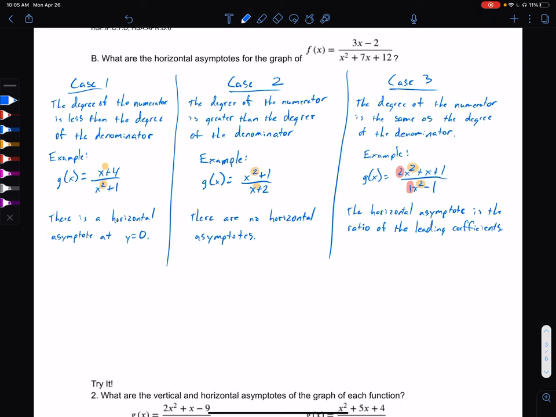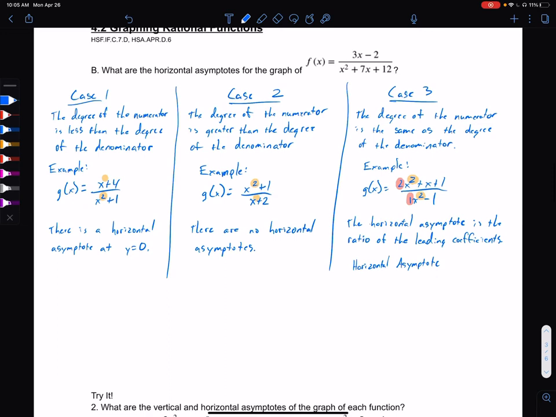So for this specific problem, my horizontal asymptote would be y is equal to 2 over 1, but we can just say y is equal to 2. It's important to note that these numbers are coming from the leading coefficients of the highest degree powers from the numerator and from the denominator.